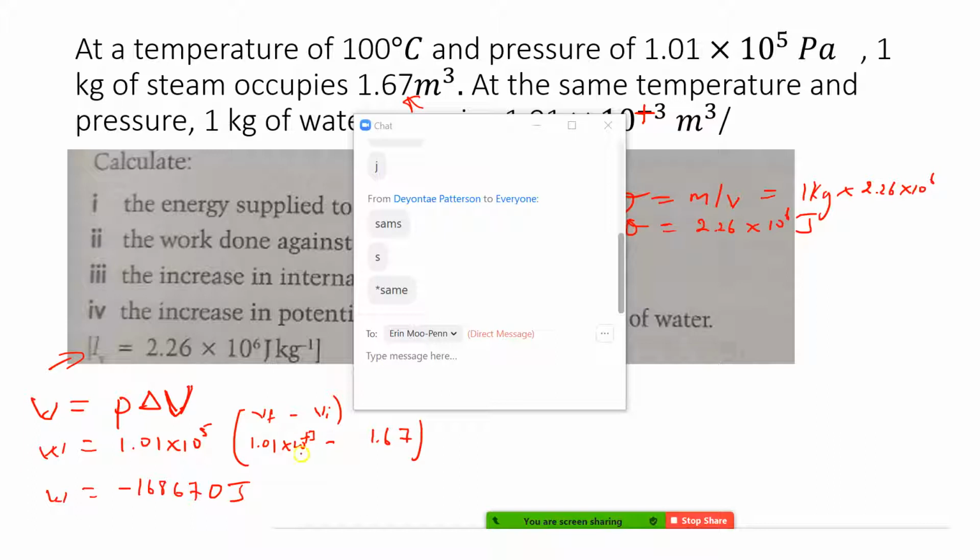When you guys work out the difference in the volume, what value did you get? No man, how did you get that? Remember now that the final volume is 1.01 times 10 to the minus 3, right?